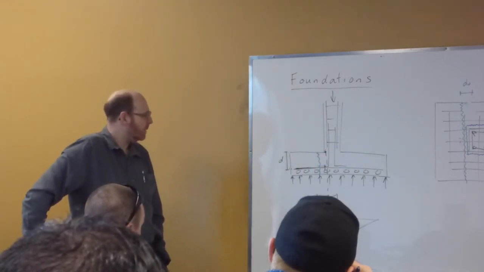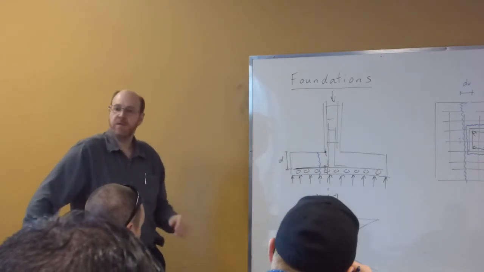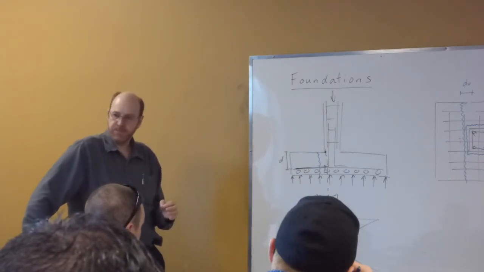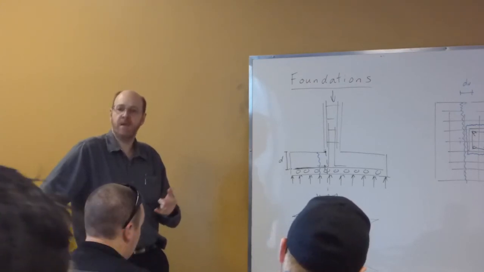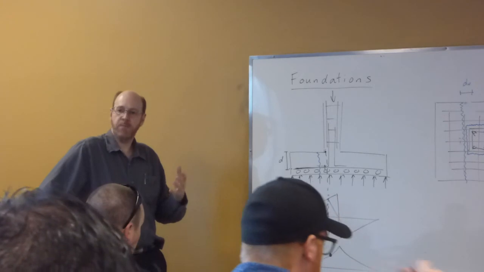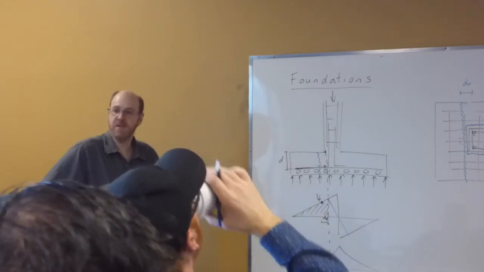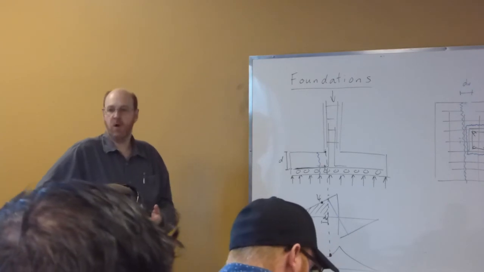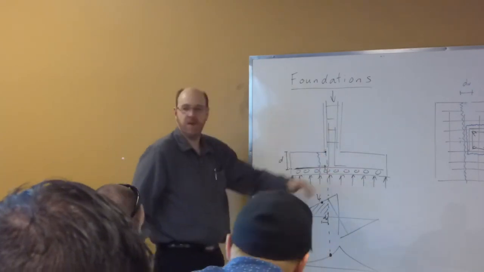So we would consider this roughly to be a fixed condition, looking at that condition on the K table there. It's not a 0.5, it maxes out at 0.65, but there is moment transfer between the column and the footing, and that's causing the footing to bend as well.